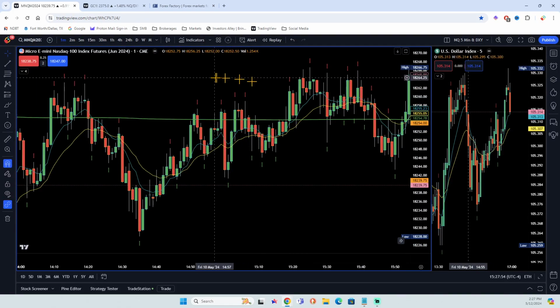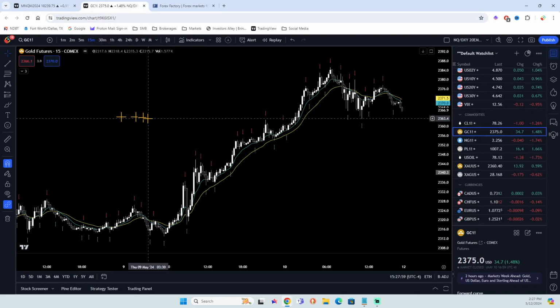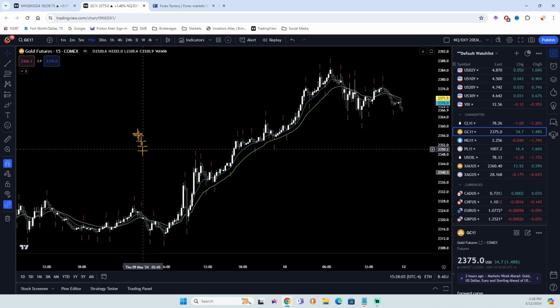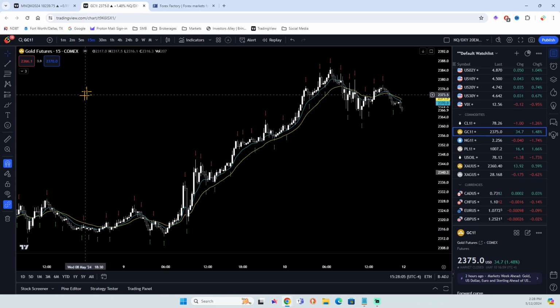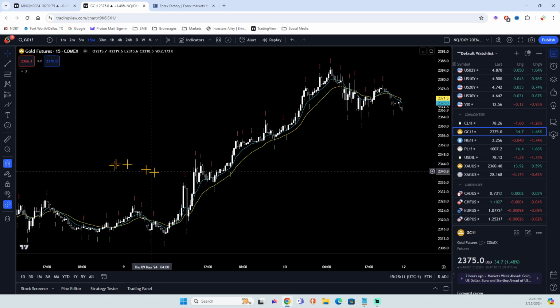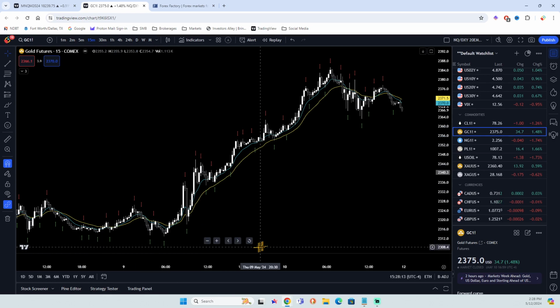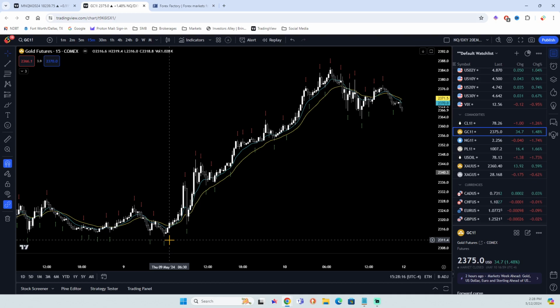And I also wanted to show you that this strategy works on pretty much any time frame. This is an example of gold futures. This is a 15-minute chart. And if you look here, we closed above my lines.